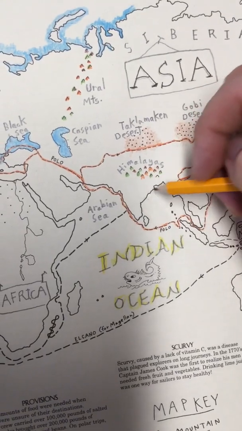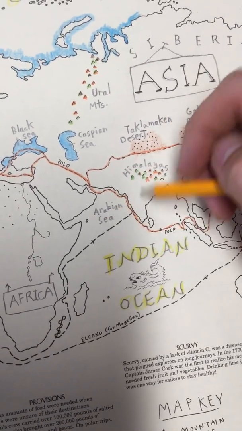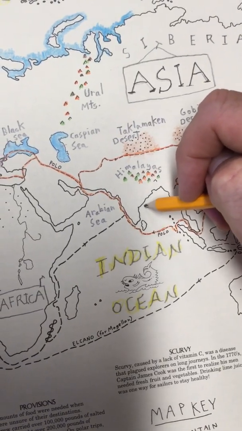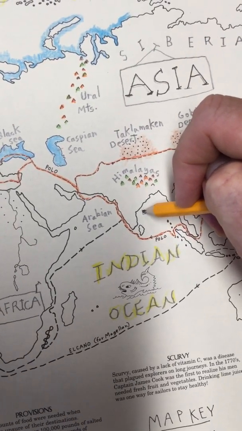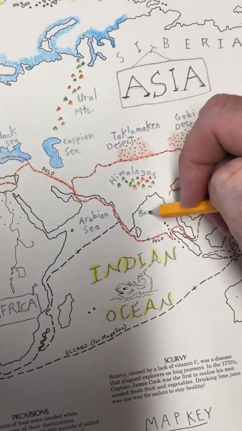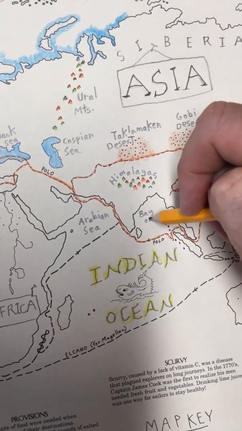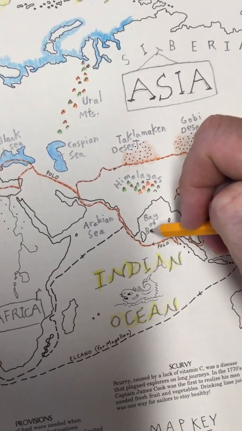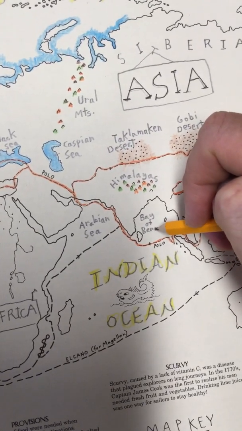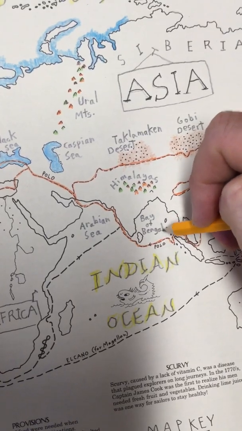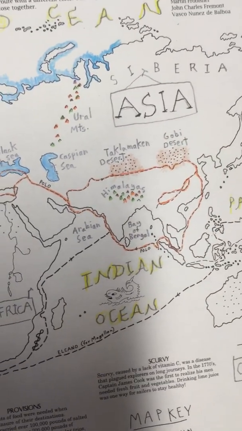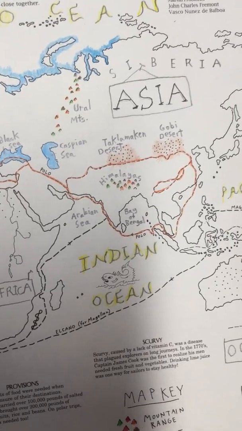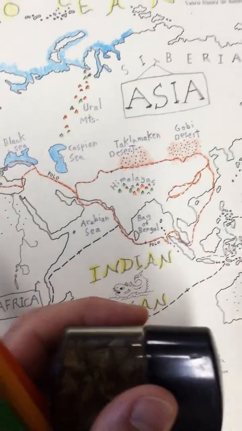We may end up labeling that as an important country as far as explorers go. This here is the Bay of, I don't think this one is in your list, so there's another little bonus addition to your map. Bay of Bengal.